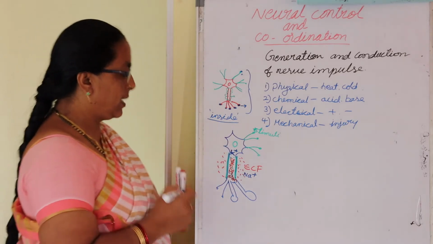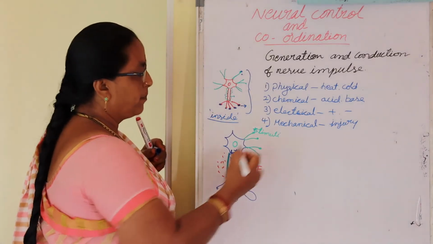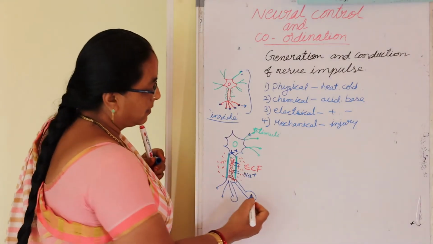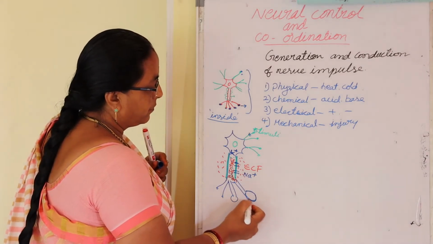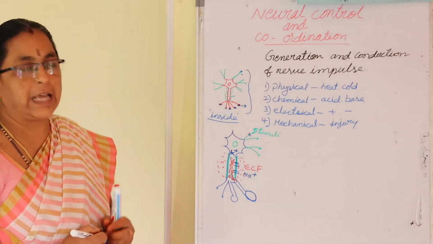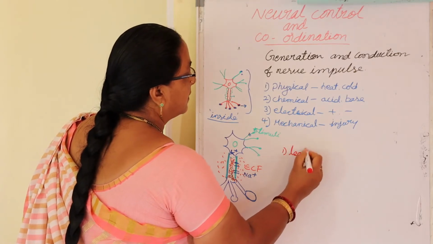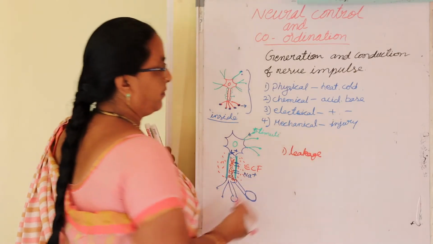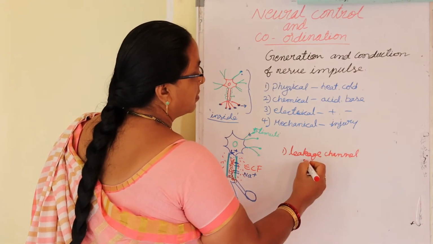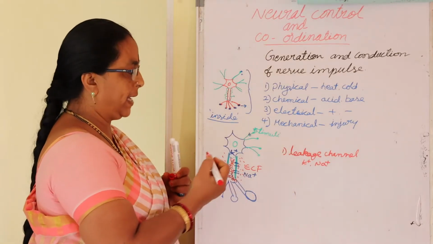Those channels are present in the axolemma, either in the dendrites and here also. Those channels we differentiate into three types. One is the leakage channel. This leakage channel allows K plus and Na plus ions through the membrane.